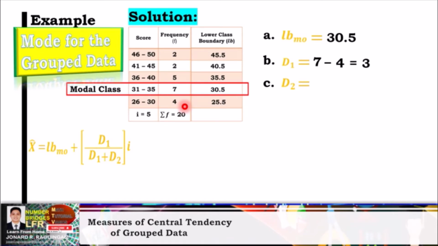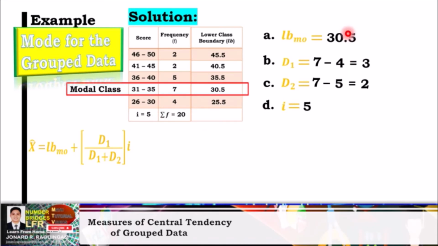Your d sub 2 is the difference between the frequencies of the modal class and the next upper class. That is 7 minus 5, which is equal to 2. Then, the value of your class interval from the table is 5.